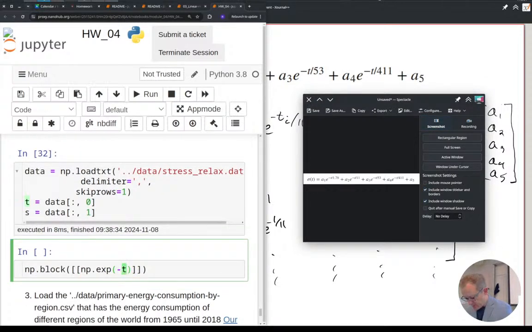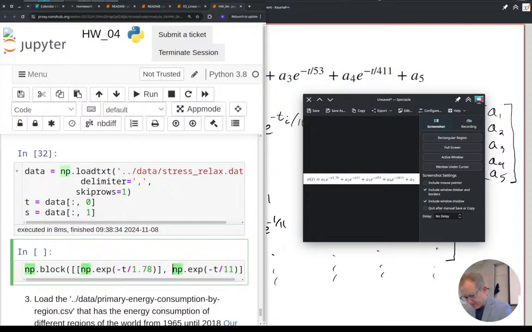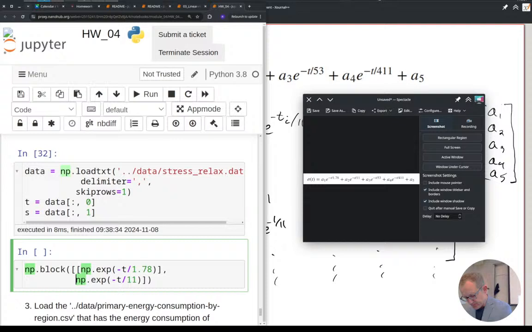t over 1.778. And I'll just do the first 2 terms.